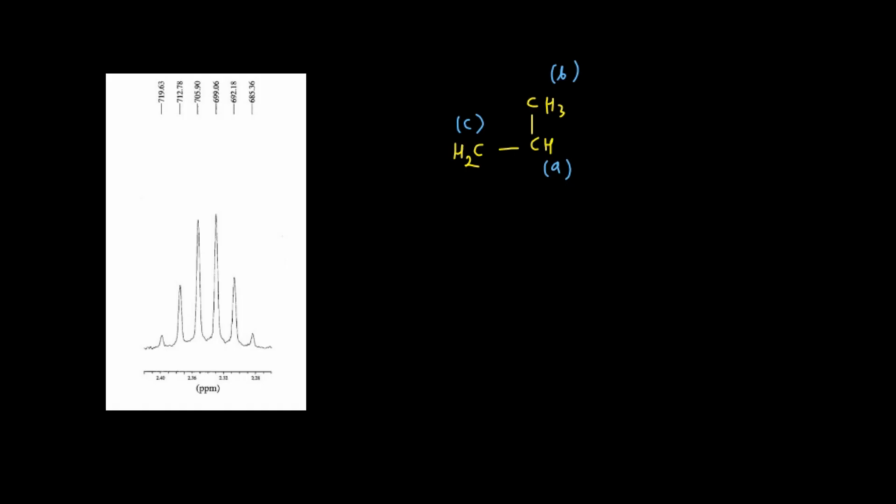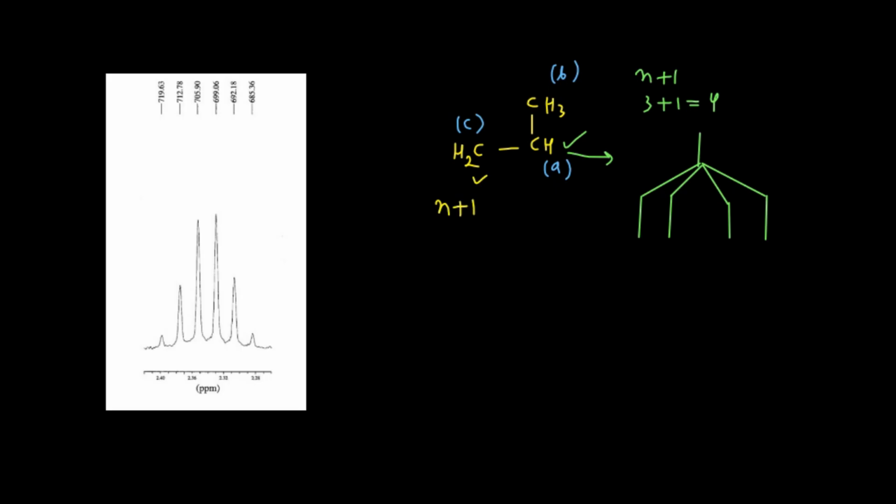If you apply the n plus 1 rule for the splitting pattern, 3 neighboring hydrogens plus 1 equals 4, so this will produce a quartet. I am drawing the quartet. Each line of the quartet will couple with this CH2, and again you apply the n plus 1 rule.